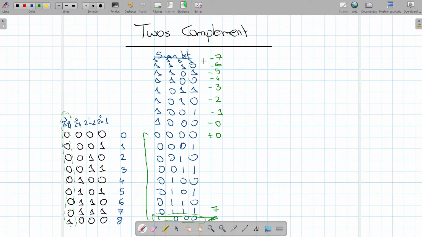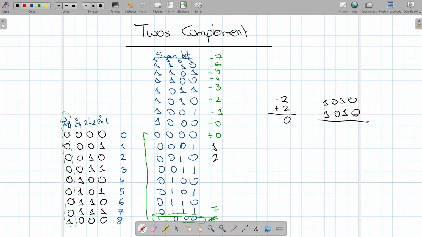Okay, but we have that. The problem is when we try to add numbers. For example, if we try to do minus 2 plus 2, that should give us 0. If we do that in binary, minus 2 is this one, and plus 2 would be this one.